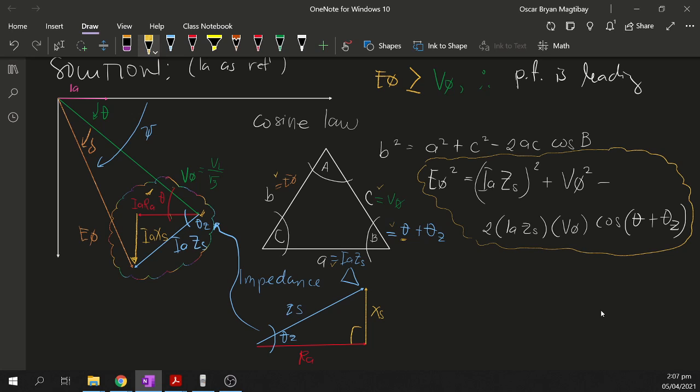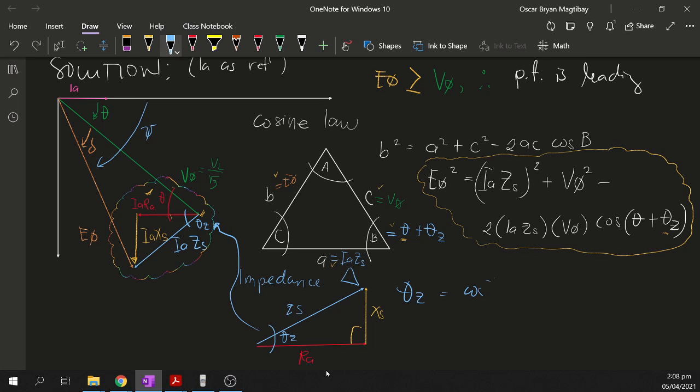Ngayon, tatanungin nyo, sir, paano natin makukuha si theta Z? Theta Z could be gotten from this particular formula. Palitan natin ng kulay. Theta Z is equal to arc cosine, pangitan, no?